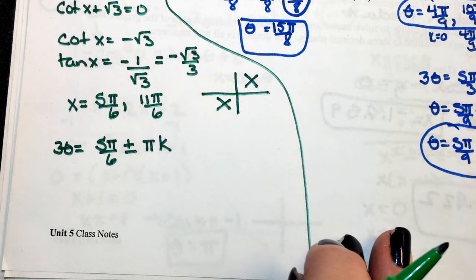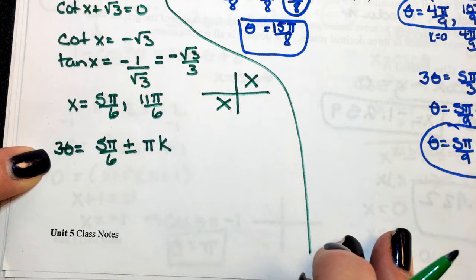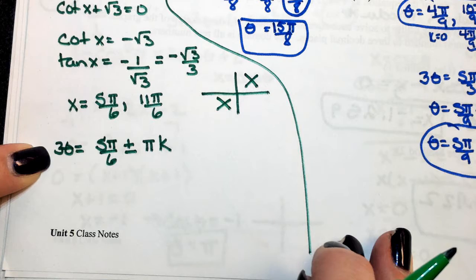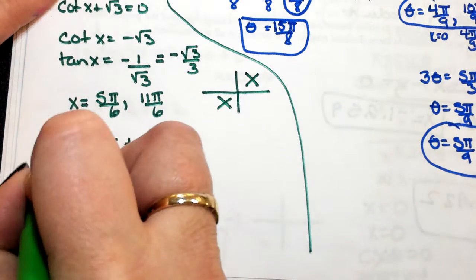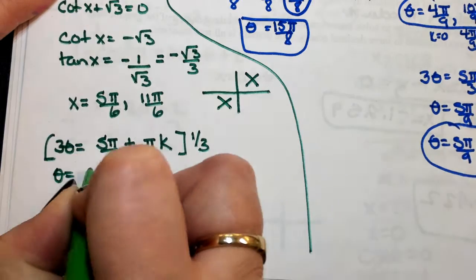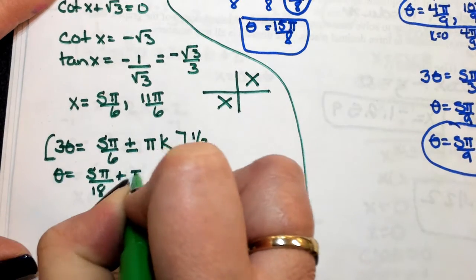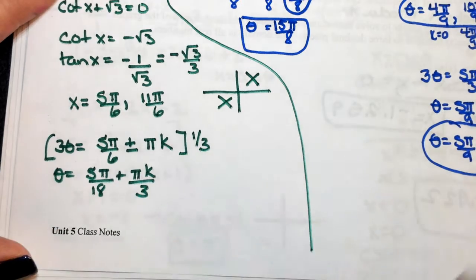Okay? So now how do you solve for theta here? To solve for theta, what are we going to do? Multiply by 1/3. So theta is going to be equal to 5 pi over 18 plus pi k over 3.